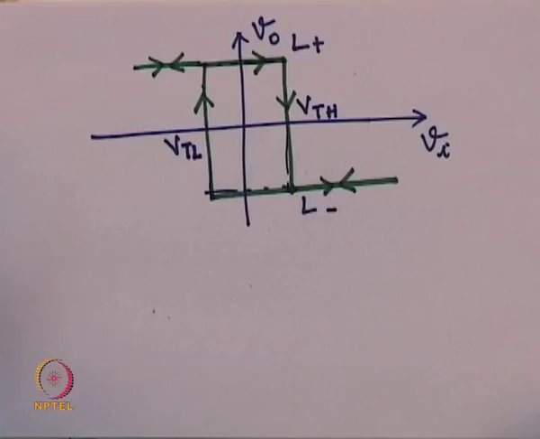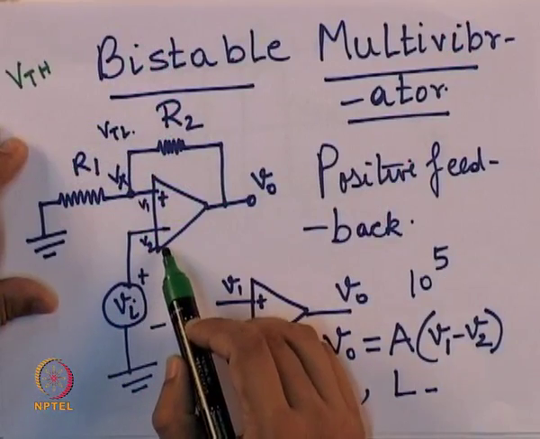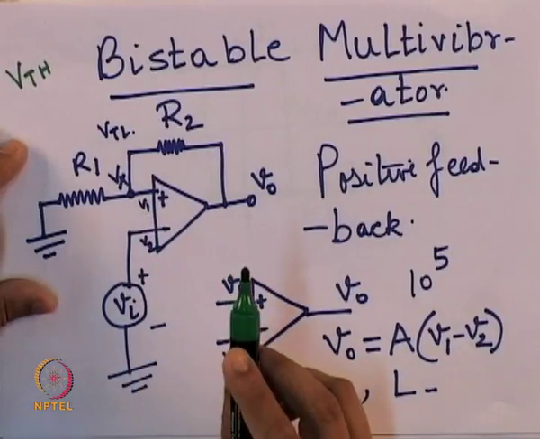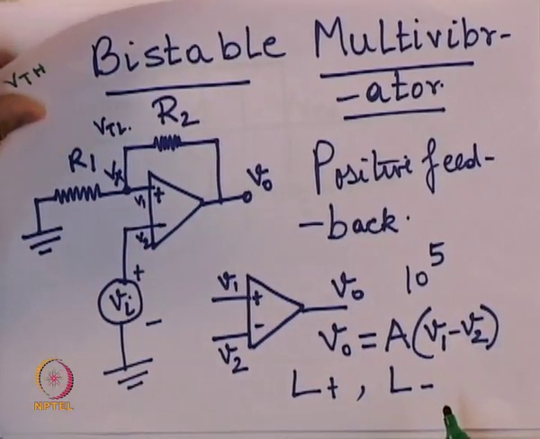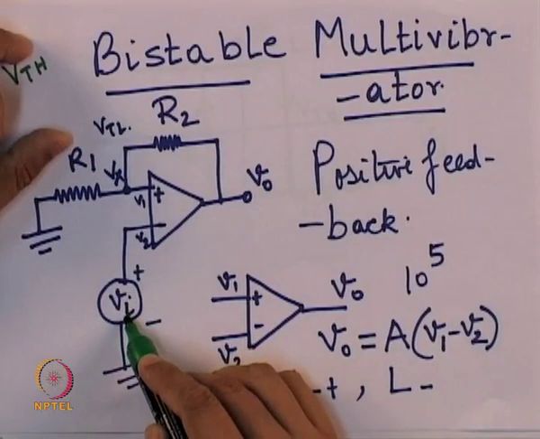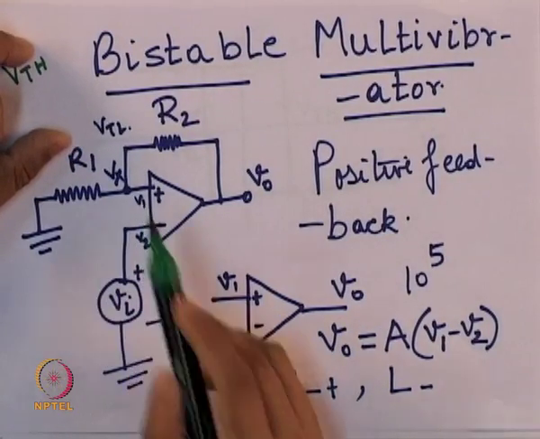Now, in this circuit that we have been studying so far, we have applied the Vi to the inverting terminal and the feedback is given to the non-inverting terminal. We can do the reverse also, that is, we can apply the input to the non-inverting terminal.